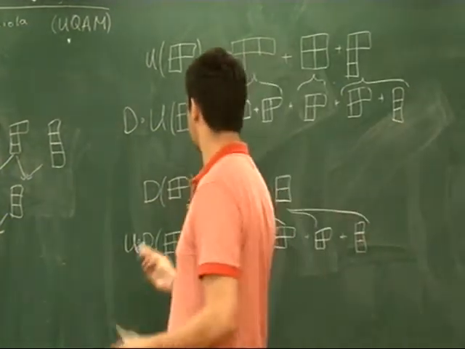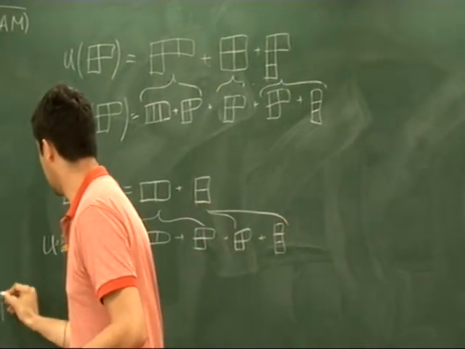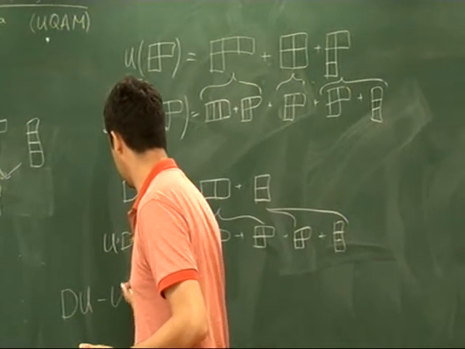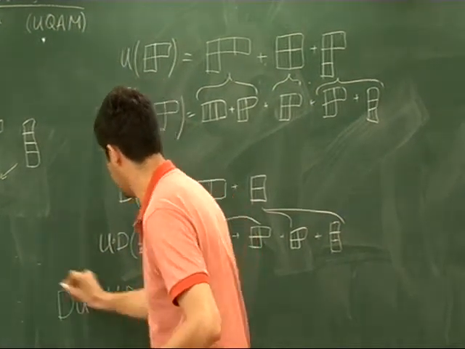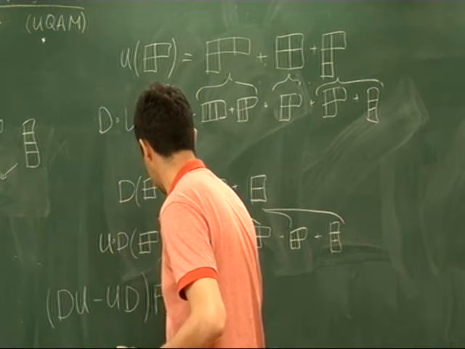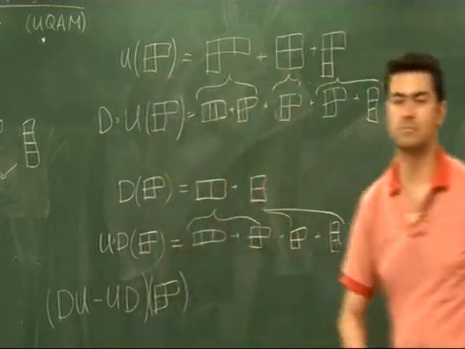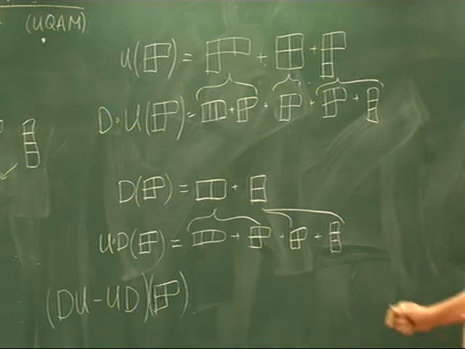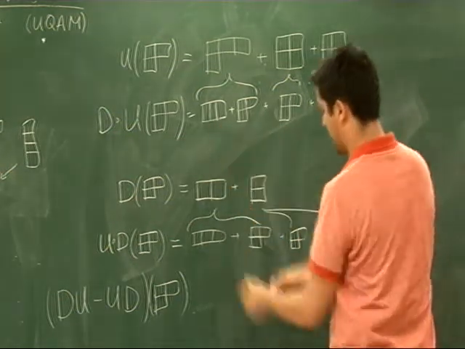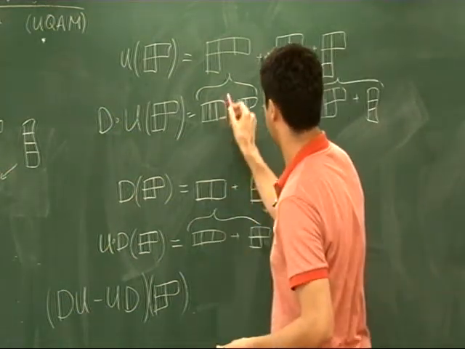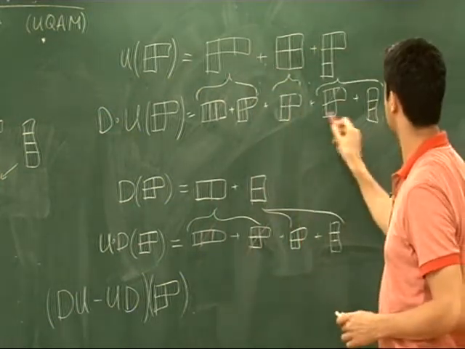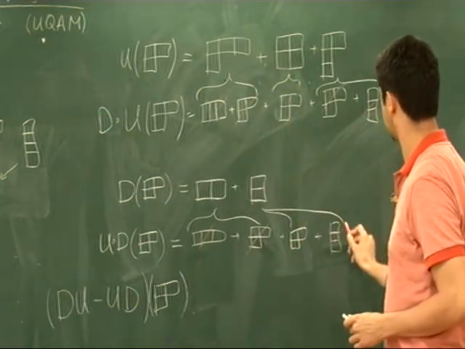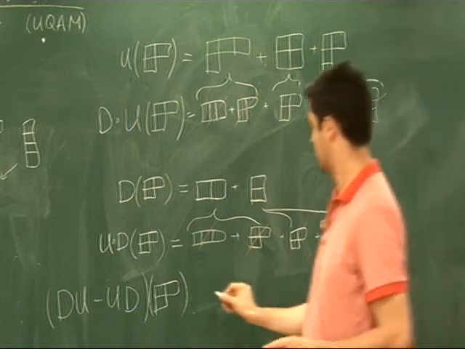Stop me if anything. And so what if I subtract them? d u minus u d applied to this shape. I get this cancels out, this cancels out, and I just get this.